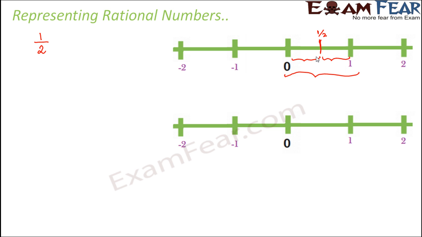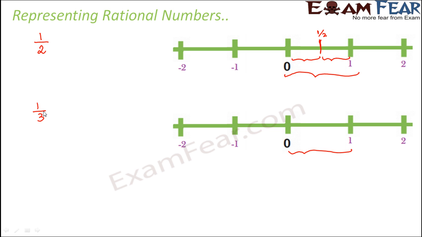Let us look at one more example. Let us take the next example of 1 by 3. So 1 by 3 is also a rational number. So where do you think 1 by 3 would lie? 1 by 3 is 1/3 of something. So this is also less than 1 but greater than 0. So this also lies somewhere between 0 and 1. Now how do we know where exactly it lies? It is 1 part out of 3 parts.